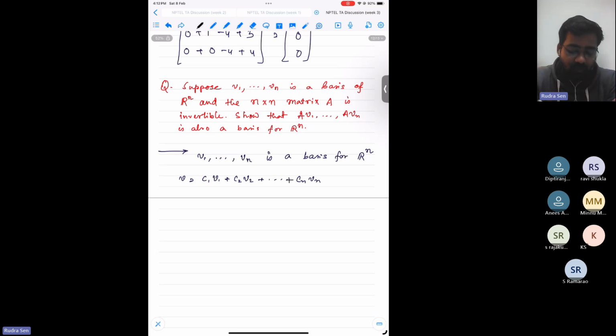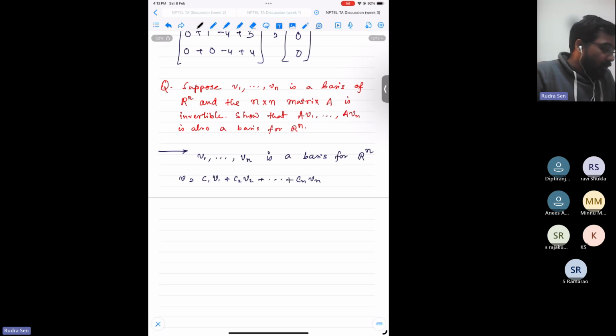That means the c1, c2, up to cn values will always be unique if we choose v1, v2, up to vn.